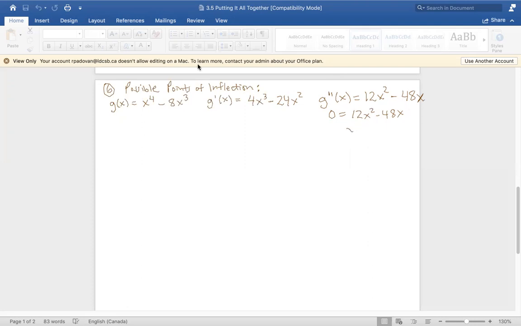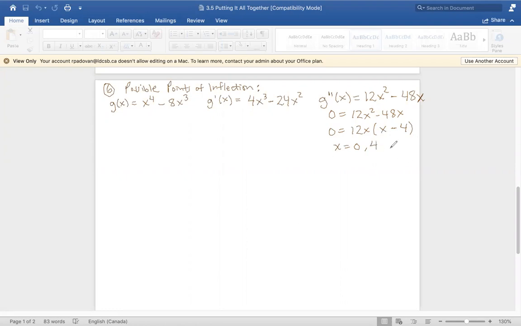Oh, sorry, I have to factor first. So factoring first, we've got a common 12 and a common x. If I take out 12x, I'm left with x minus what gives me 48? 4. Now I can say that my x is equal to 0. 12 times what gives me 0? And this would be a value of what? 4 to give me 0. Right?